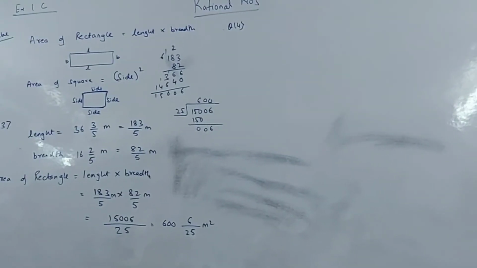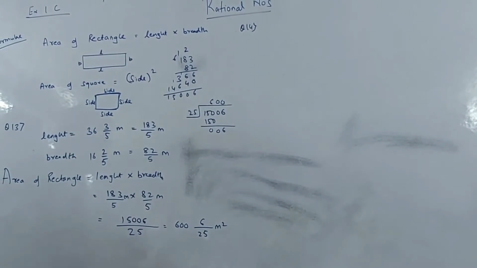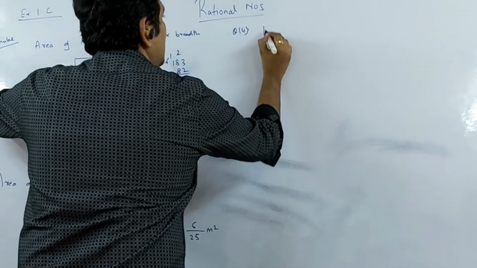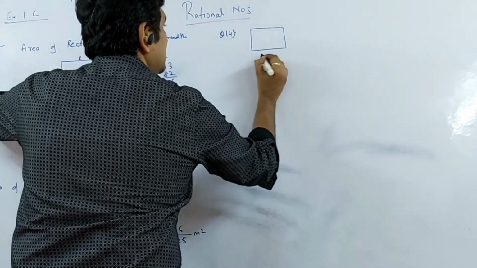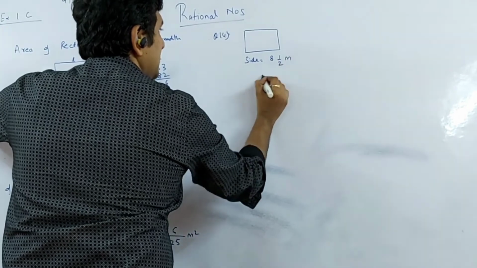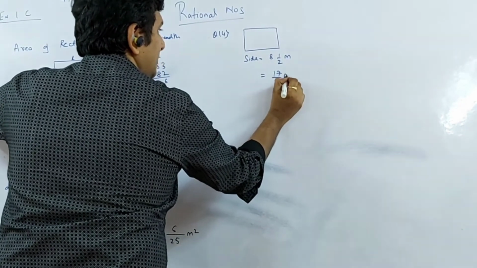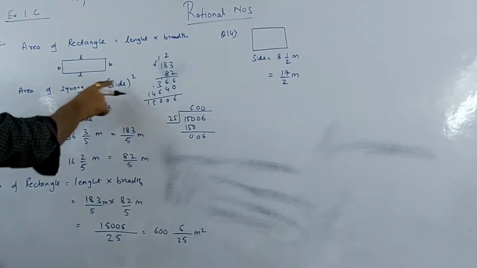Find the area of a square plot of land whose each side is 8 1 upon 2 meters. As I have told you, all sides of a square are equal, and the side they have given us is 8 1 upon 2 meters, which is 17 upon 2 meters, and we have to find the area. So the area of a square is side squared.